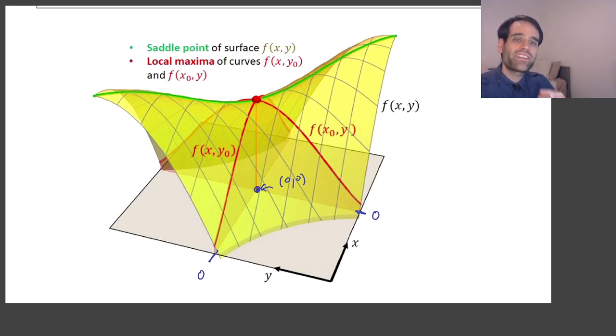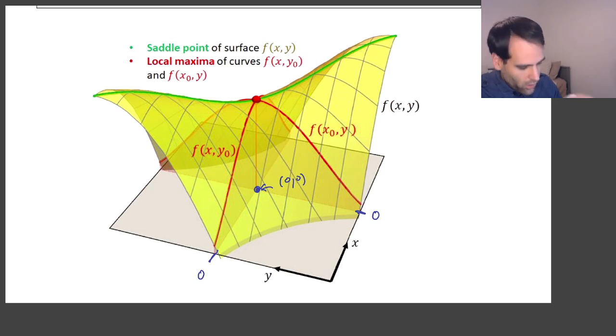However, it is a very tricky saddle point, because if you forget about the variations in y, so we fix y to be y0, and we change x, then we move along this red line. And this red line right here is a local maximum.